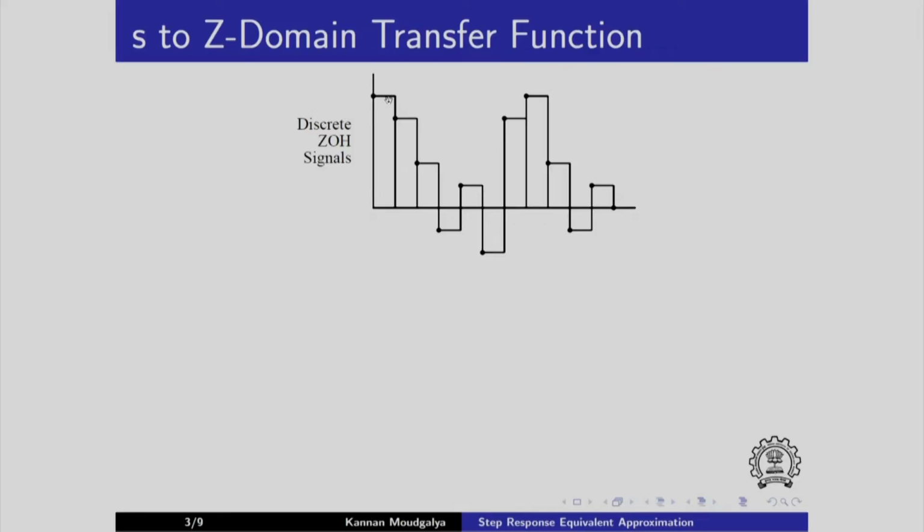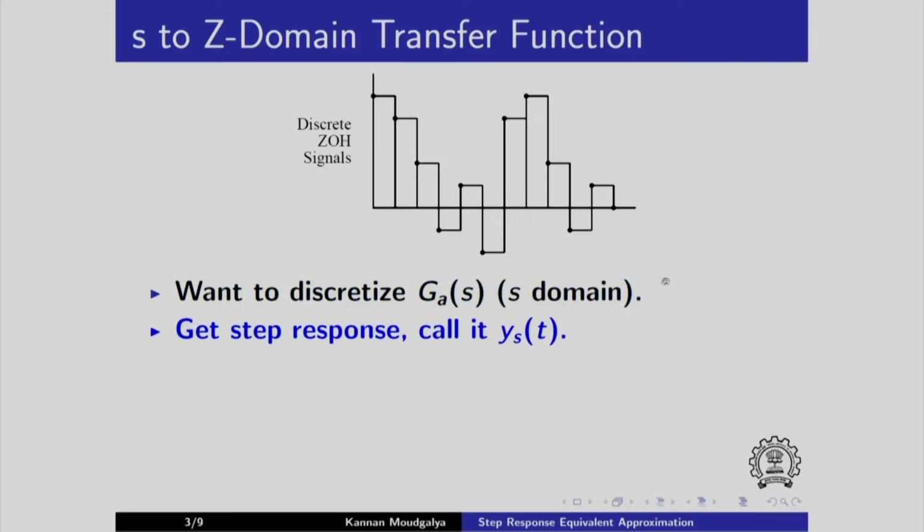Consider the discrete time signals obtained with zero order hold. Suppose we want to discretize the analog transfer function GA of S, which is in the S domain, the Laplace transform.